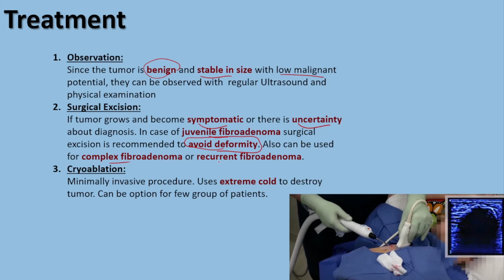And in case of recurrent fibroadenoma, in order to save the structure of the breast, we are recommending the patients to have surgical excision of fibroadenoma. Cryoablation is another minimally invasive procedure, and we are using extreme cold in order to destroy the fibroadenoma, and it can be offered to patients for cosmetic reasons or for removing the tumor from the breast tissue.